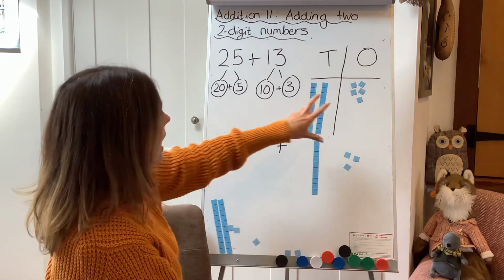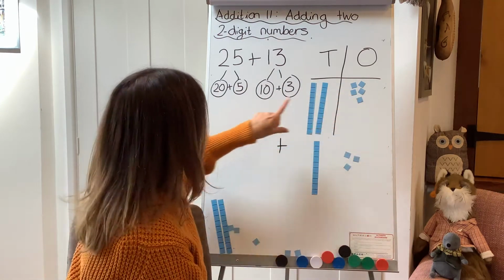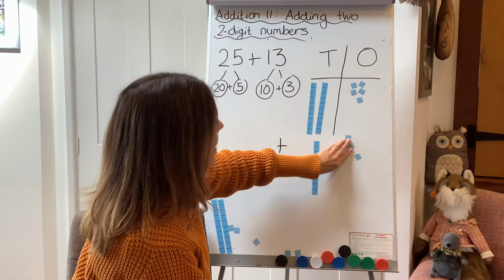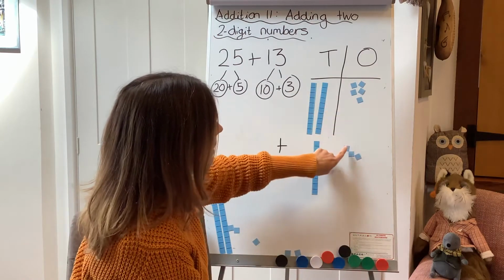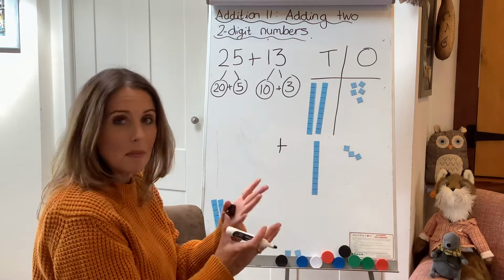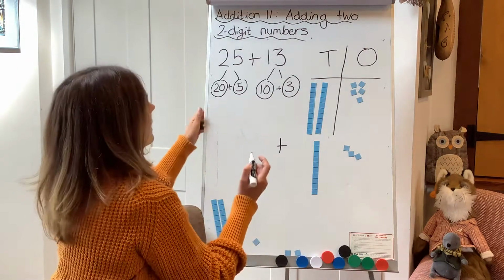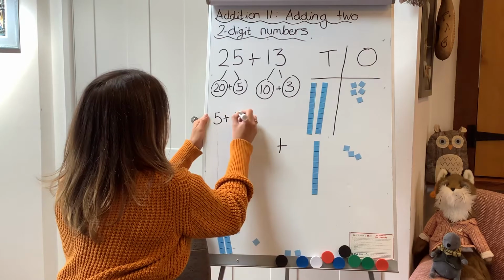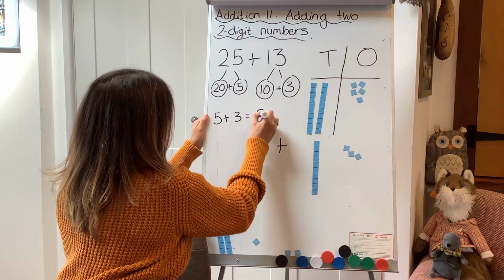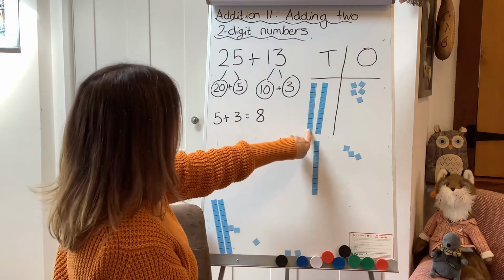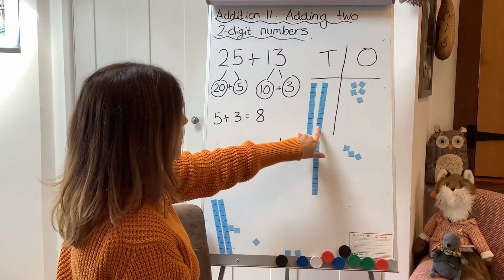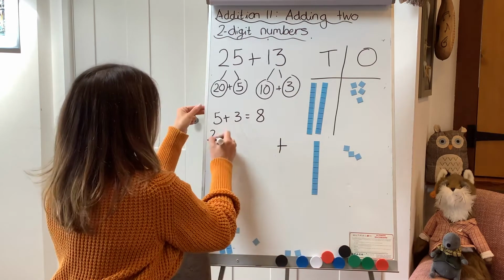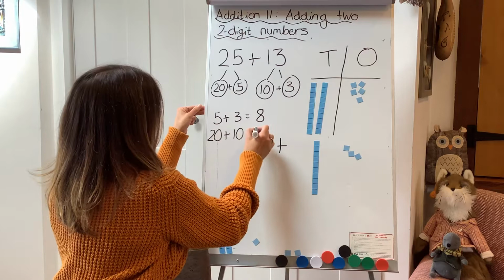So I'm going to add together my 1s first. Now I've got 5 and 3 1s. So 5, 6, 7, 8, or using number bond knowledge, 5 and 3 is equal to 8. So I've got 5 add 3 is equal to 8. And then I've got 20 and 10. 20 add 10 more is equal to 30.